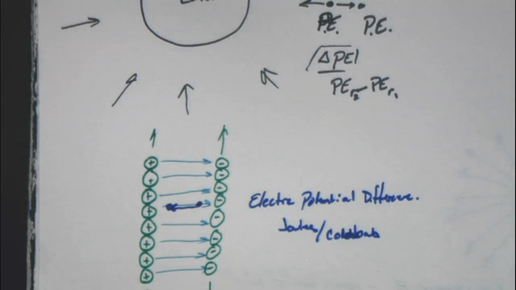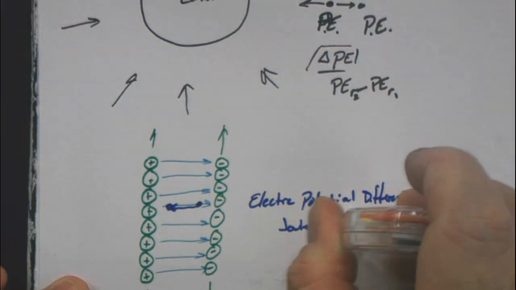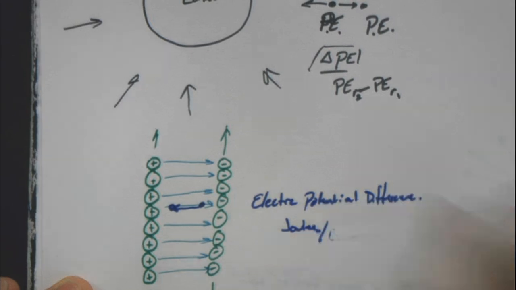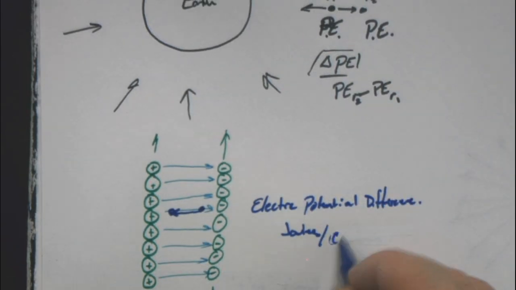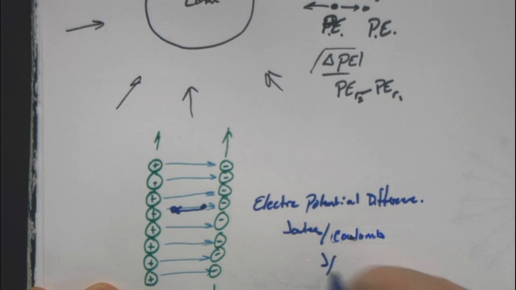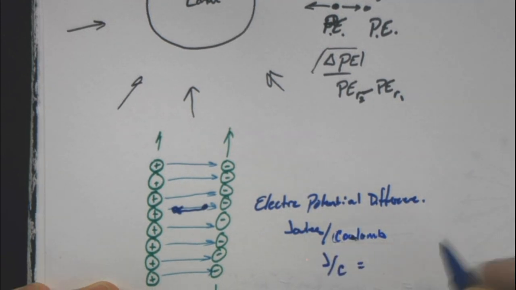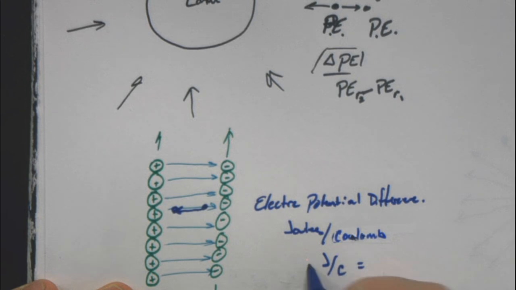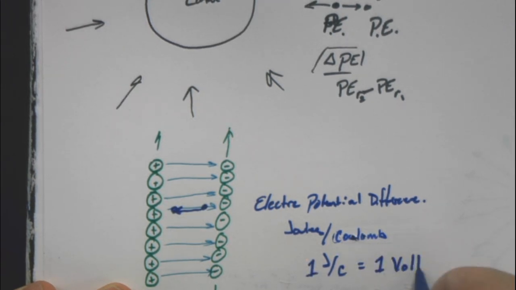Or a joule per coulomb, which equals, 1 joule per coulomb equals 1 volt.